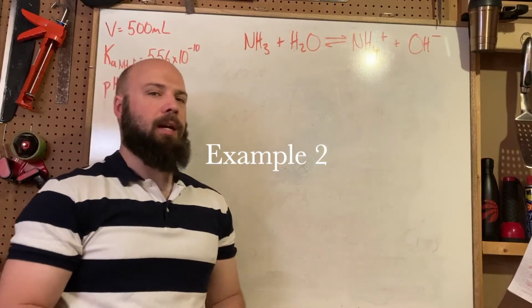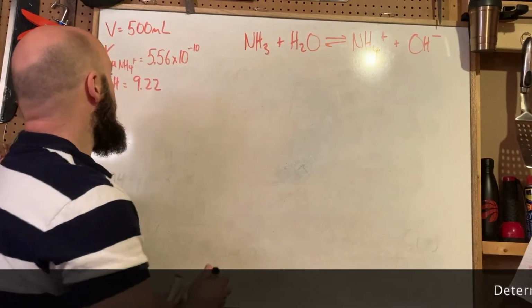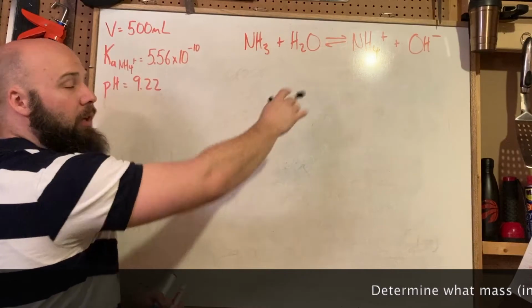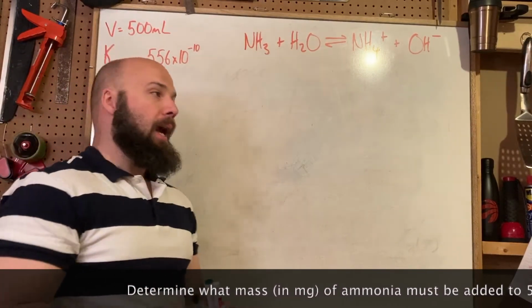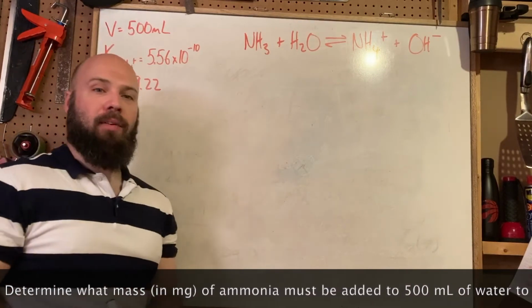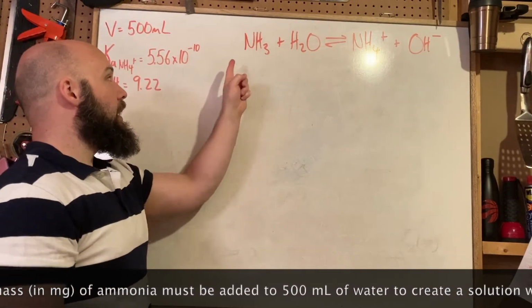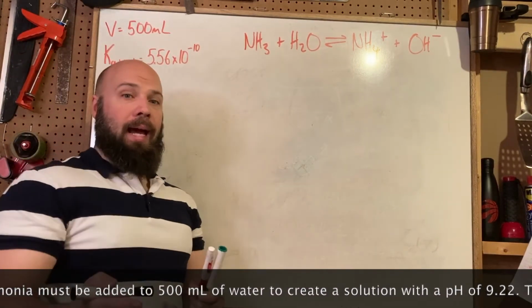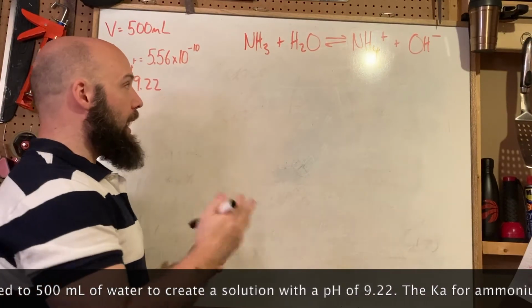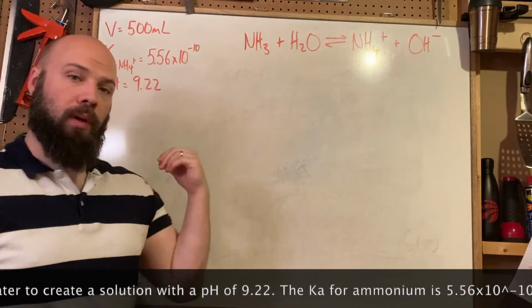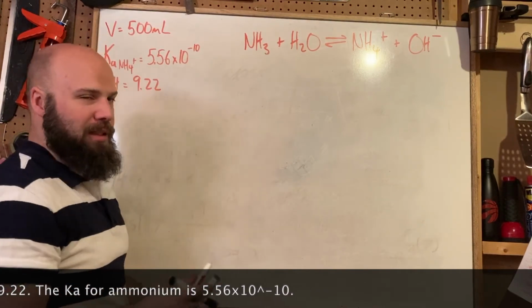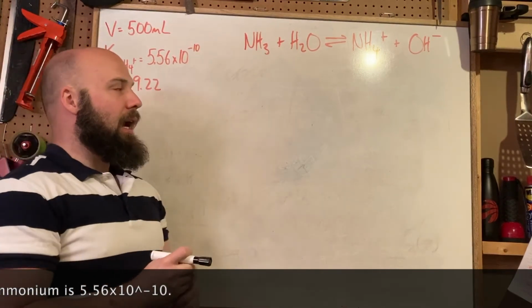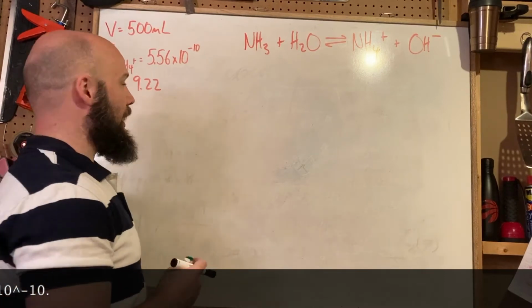In the second example, you're given the Ka for the conjugate acid and the pH of a solution and the volume, and asked to find the mass of the initial reactant that would be required to create a solution with this pH. So there's a few things, and it's working backwards like some of the examples we did with gaseous ice charts.